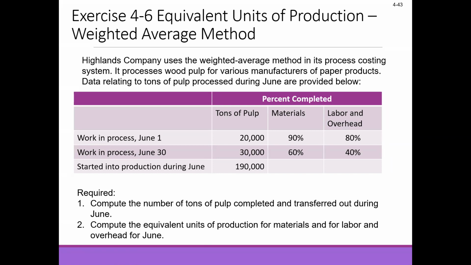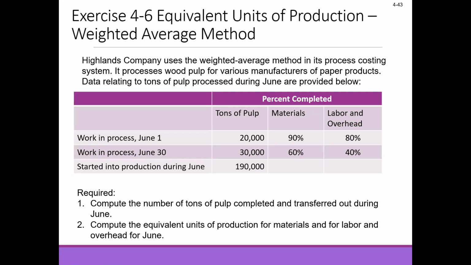So we show the tons of pulp work in process June 1st is 20,000 tons, percent completed. As of June 1st, we had materials at 90%, labor and overhead, or conversion costs as we call them, at 80%.